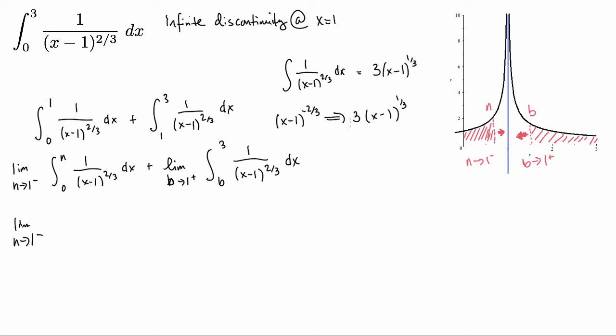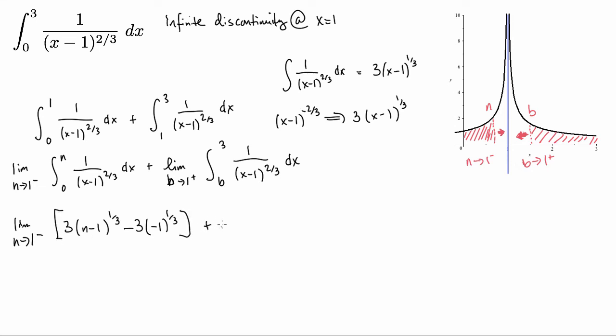So if I use that, we're going to evaluate it at n and at 0. So evaluating it at n, we will get 3 times n minus 1 to the 1/3, minus evaluating it at 0, we get negative 1 to the 1/3.